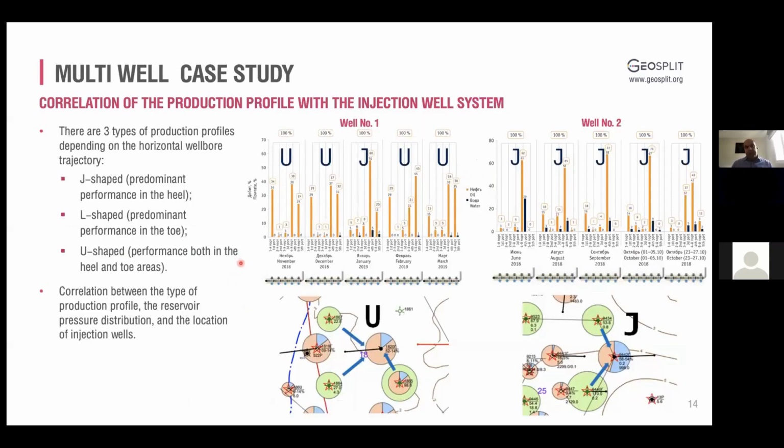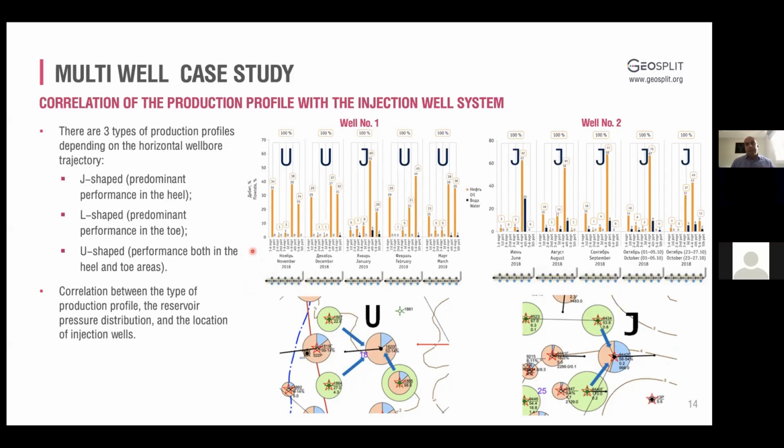This is a multi-well case study, also back in Russia, where a client was developing a field where they were drilling the wells to be immediately fractured. So wells were fractured with 5 different stages.